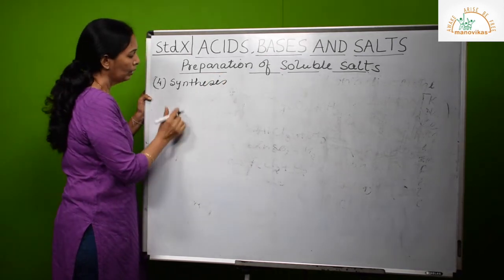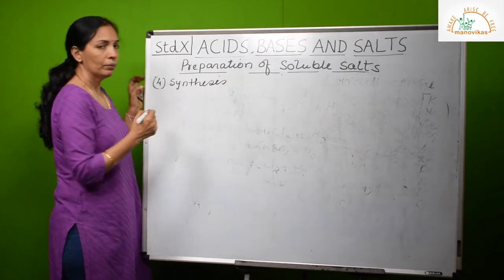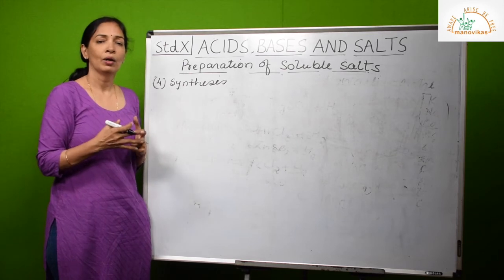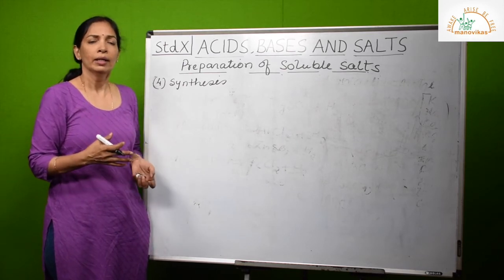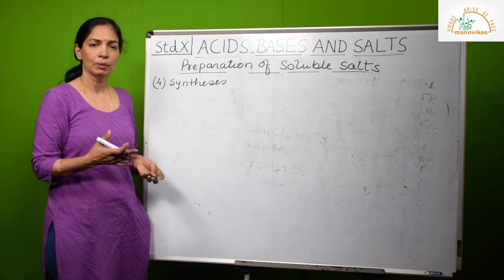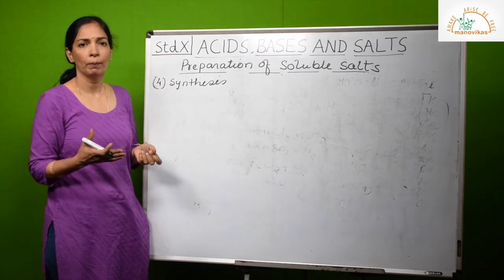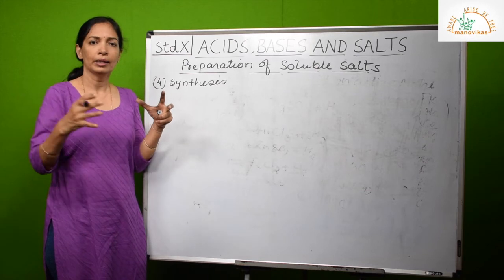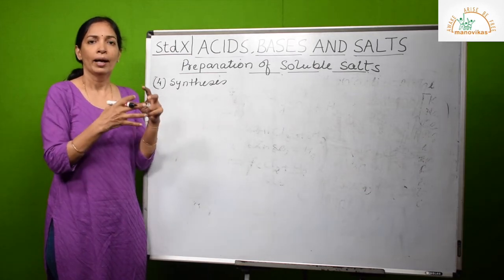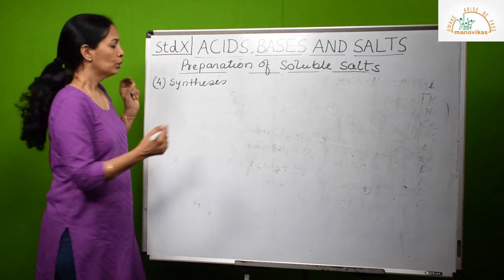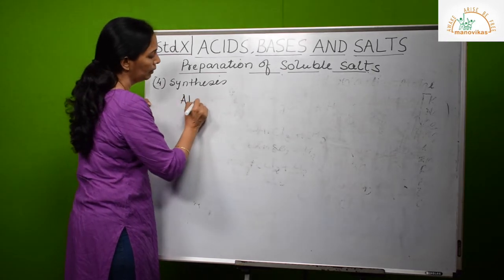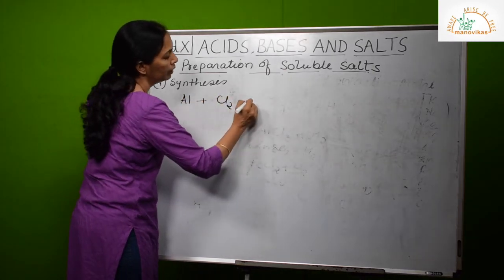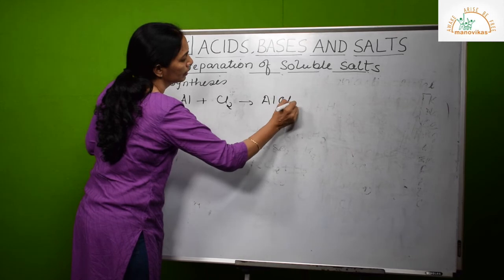This way you can prepare aluminium, zinc or iron chlorides. Here you can prepare only chlorides because two elements have to combine. So the metals are heated and dry chlorine gas is passed over them, and the reaction takes place. So aluminium, Al plus Cl2, will give you AlCl3.